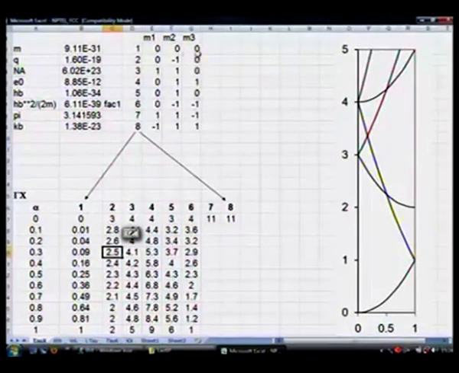For these values 1, 2, 3, 4, I have shown 8 different sets of values. Each set is indicated right here: 1 means this set, 2 means this set, 3 means this set, and 4 means this set, 0, 1, 1, etc.